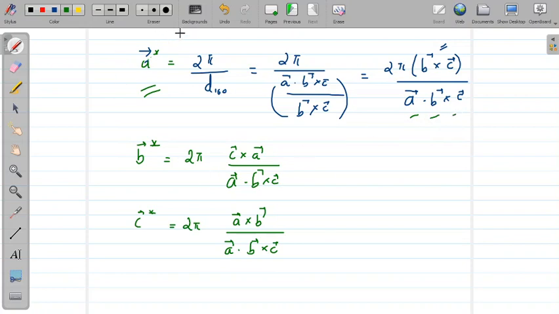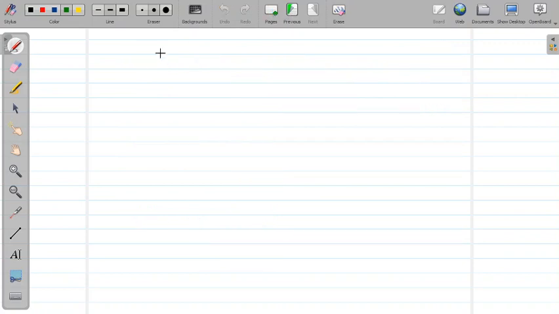Now let us try to formulate the relationship between the direct lattice vectors and the reciprocal lattice vectors. So first let us find what will be the equation for A star dot A bar. You know A star is given by 2 pi into B cross C divided by A dot B cross C. Now we have to take a dot product with A bar.